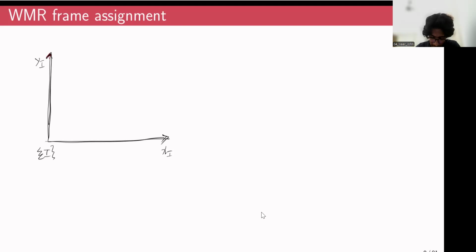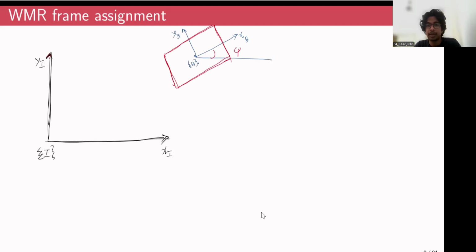And you have a mobile robot like this, at any arbitrary orientation, and I attach a frame of reference like this on the robot, xb and yb. And I'll call this relative orientation between the xb and xi axes psi, right? This is how you assign the frame for a mobile robot, right?